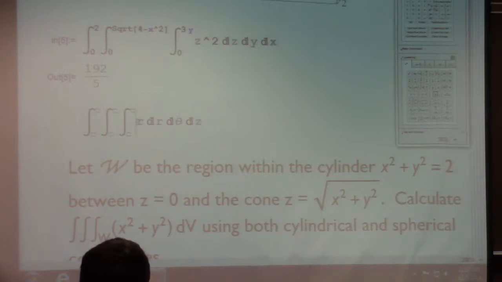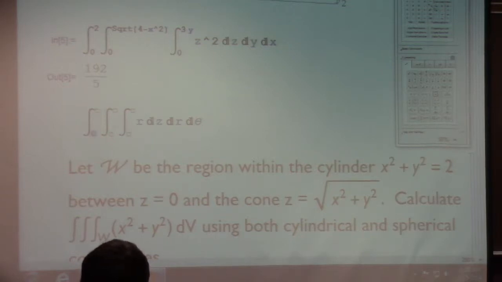That's dv in cylindrical coordinates, r, dr, d theta, dz. Or maybe I should put the dz on the inside. Make it dz, dr, d theta. Let's do it that way. That's probably easier to do.